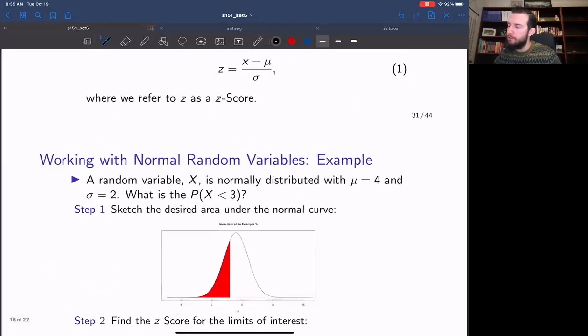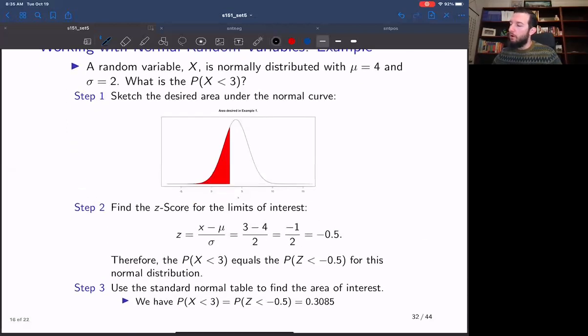All right, so for example, suppose we have a normal distribution that has a mean of 4 and a standard deviation of 2. You can see an illustration of this distribution below.